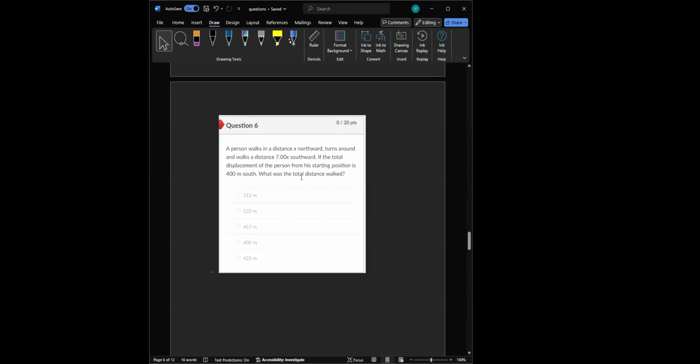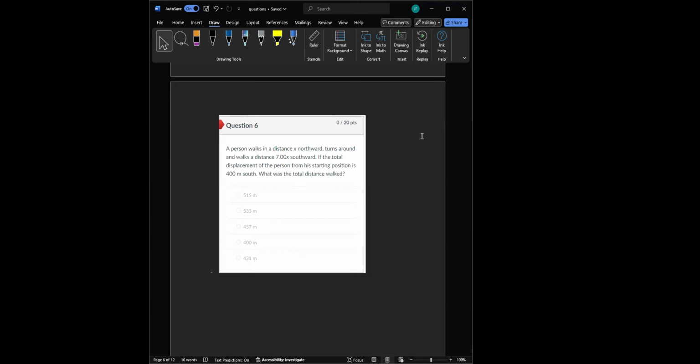Yeah, this one. 7 times X. Ah, so what they're saying here is X. Notice they said a person walks a distance X northward, turns around, which means they're going southward at that point, and walks a distance 7X.